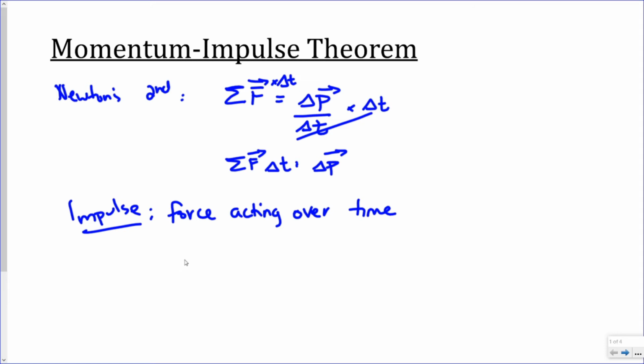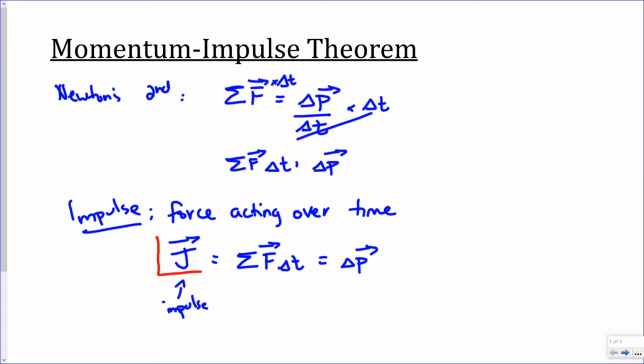So impulse is just equal to this. The symbol we use for impulse is uppercase J. We said it's force acting over time, which is the net force times time, which is also equal to the change in momentum. This is what's called the momentum impulse theorem.